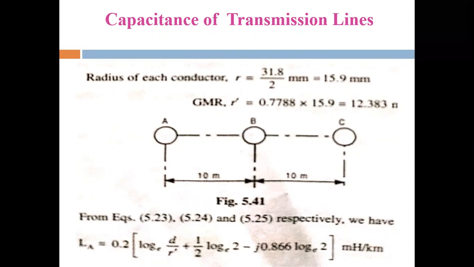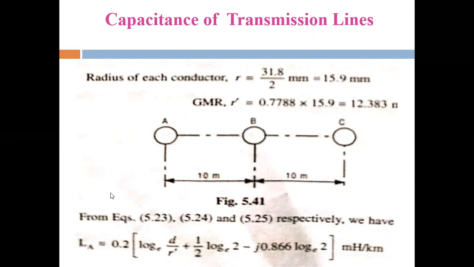Substituting the R value, R dash is equal to 12.383 meters. This is the given problem.